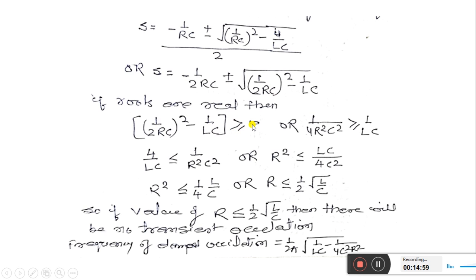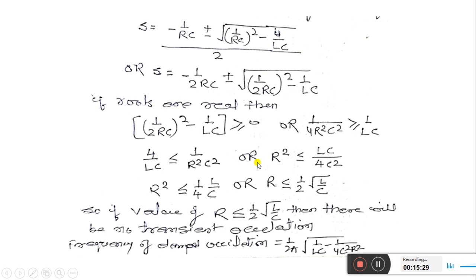This must be the condition which will be fulfilled. Or we can write 1 by 4 R square C square must be greater than or equal to 1 by LC. So we can further simplify it: if we take 4 to this side, 4 by LC should be less than or equal to 1 upon R square C square.